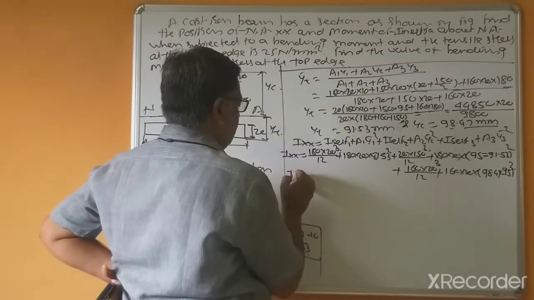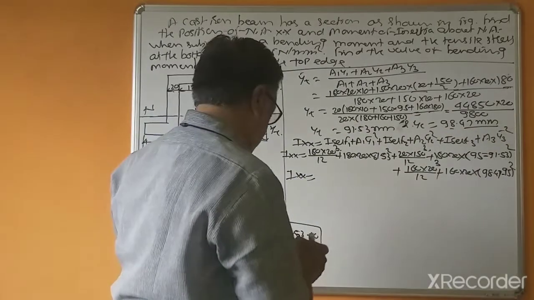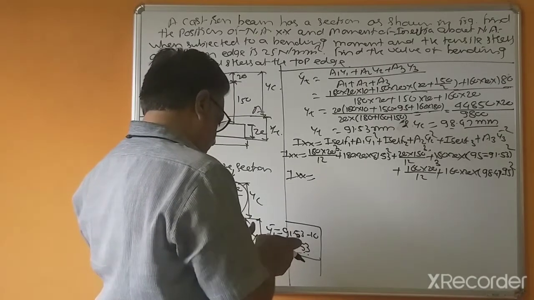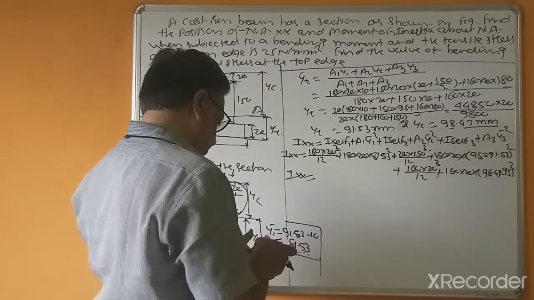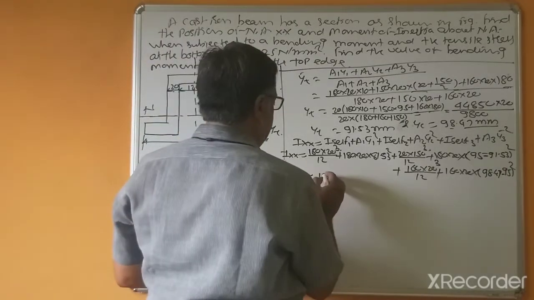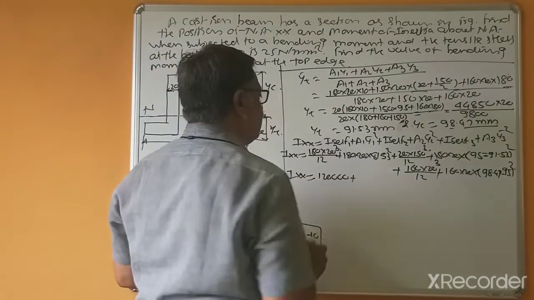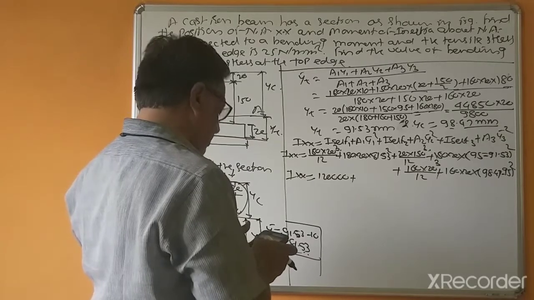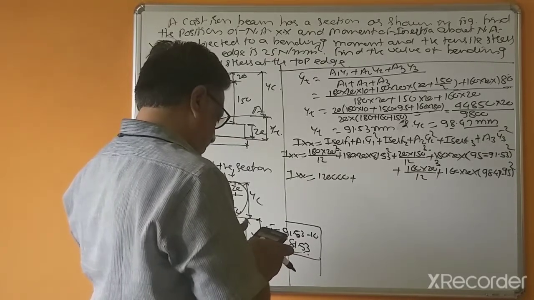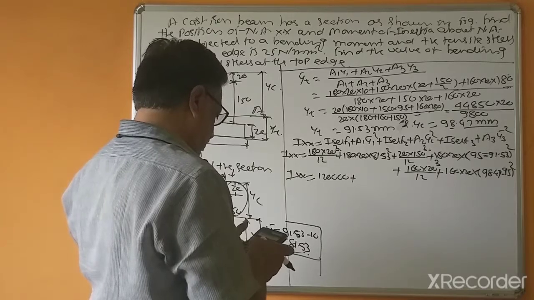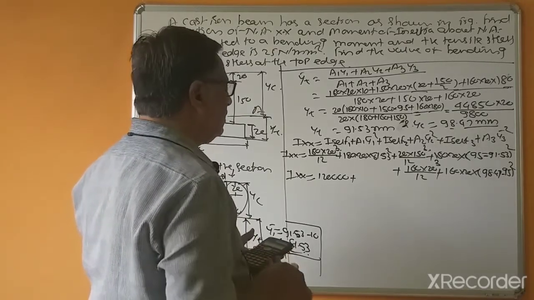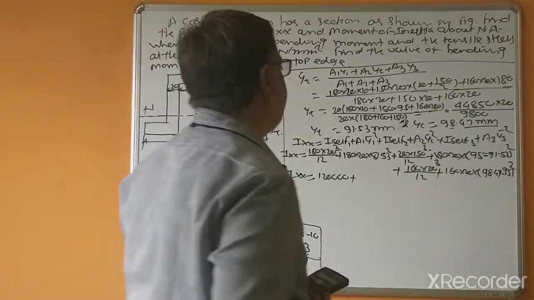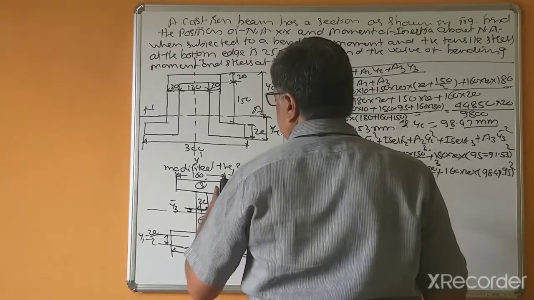Now moment of inertia: 180 into 20 cube divided by 12, 120,000, plus 180 into 20 into 81.53. So we are making a mistake here, 98.47.